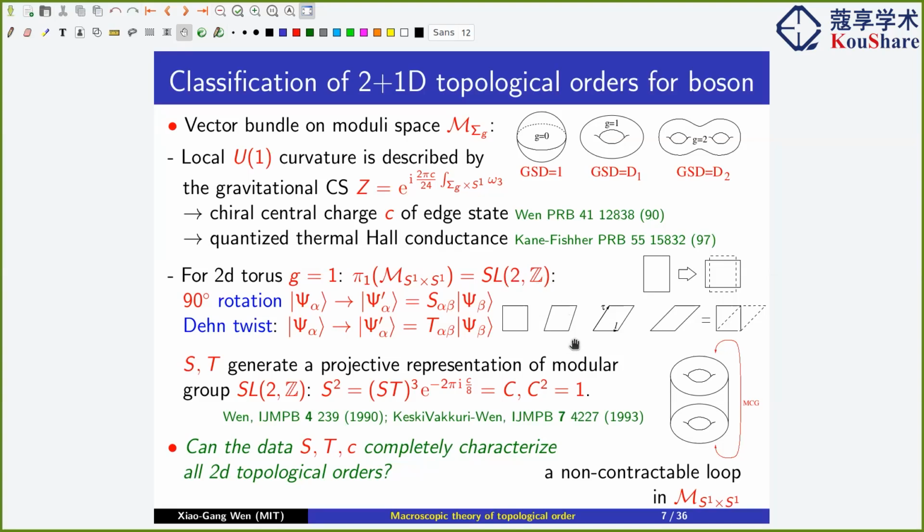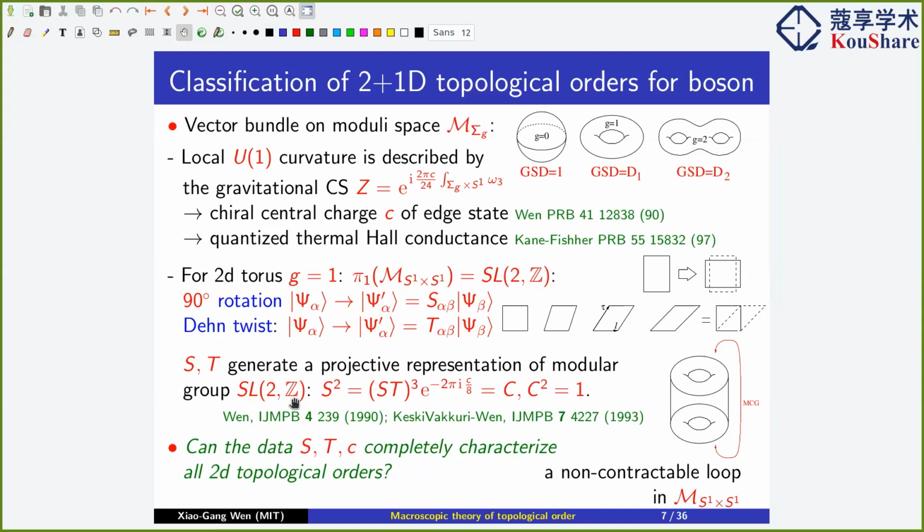This is the so-called ST matrix. For this kind of geometrical transformation, the non-abelian Berry phase is given by two unitary matrices, the S and T matrices. S is for the 90-degree rotation, T is for the shear or Dehn twist. This ST matrix generates the SL(2,Z) representation.